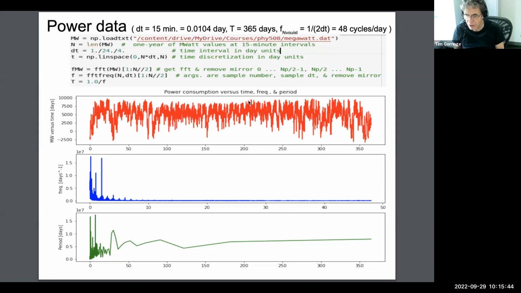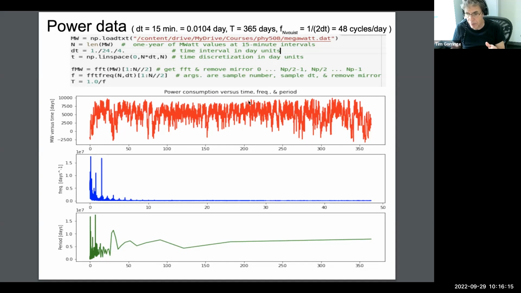So that's the range of frequencies that we can observe. And that's determined by what we call the Nyquist limit. So the Nyquist limit says that you can't see a signal in your data that has a period shorter than 2 samples, 2 data points.